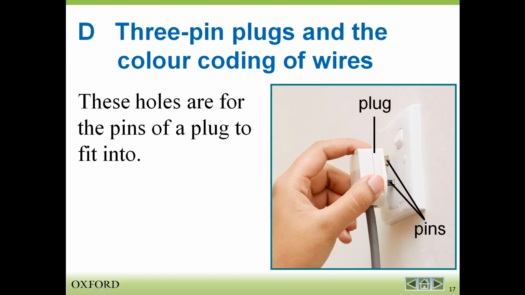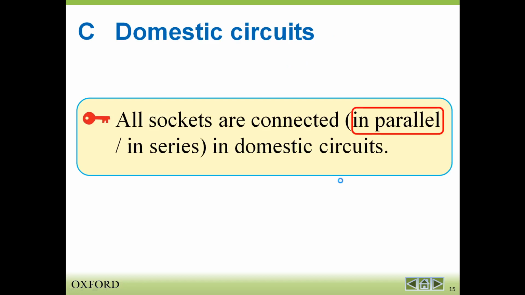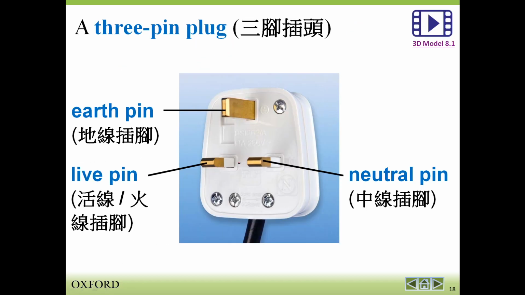Let's look at the plug. For the plug, the pins should be on opposite sides. When you face the plug towards you, this side is neutral and this side is live. So look at this carefully.